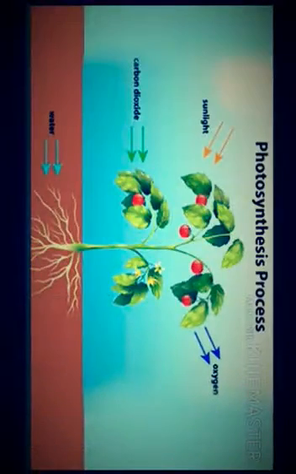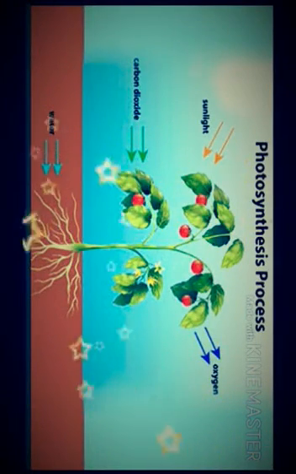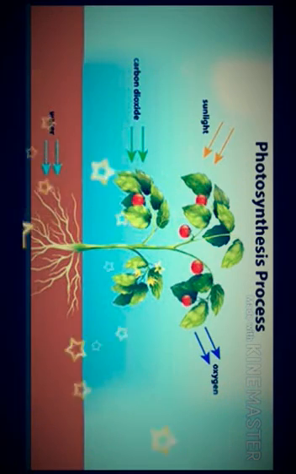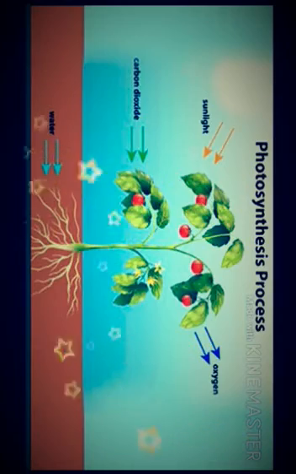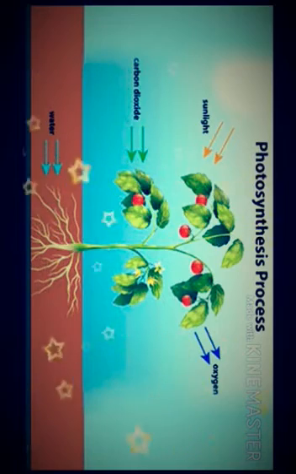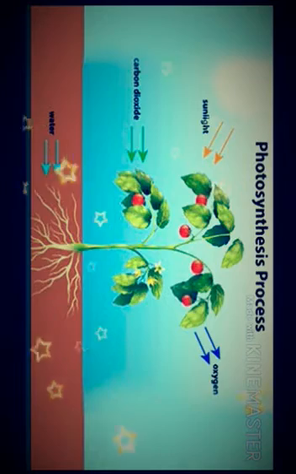Starch is the simplest form of carbohydrate. Highlight: extra glucose is changed into another food called starch, and this starch is stored in the fruits and leaves of the plants.